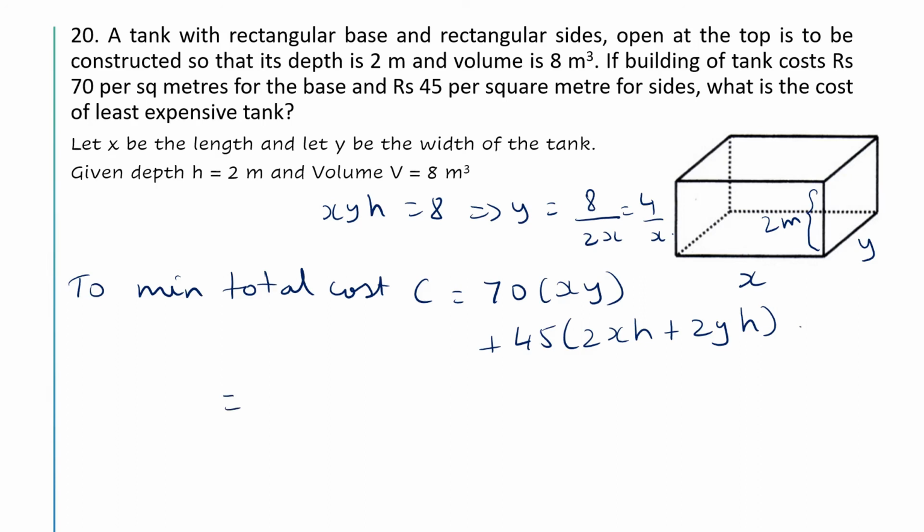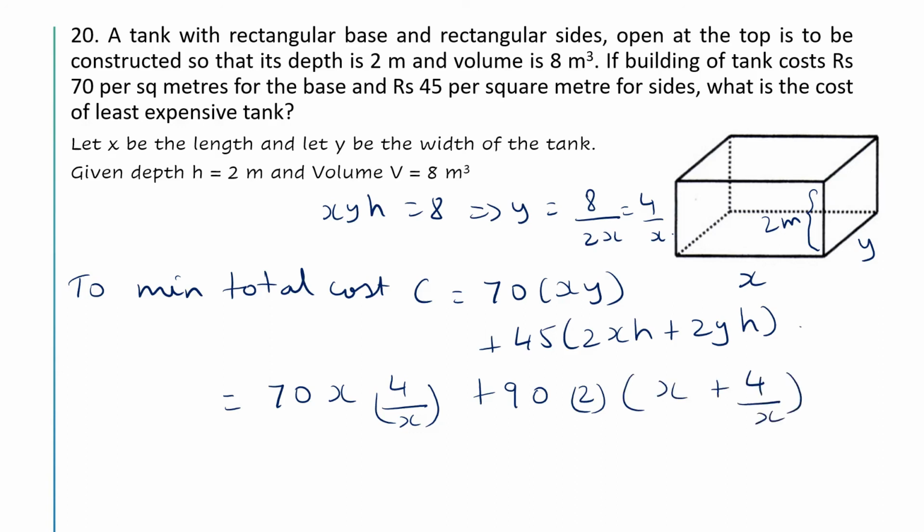So this is equal to 70 x into y is 4 by x plus, here 2 is common, let us take it outside. So 90 into, and h is also 2, into x plus y. y is 4 by x.